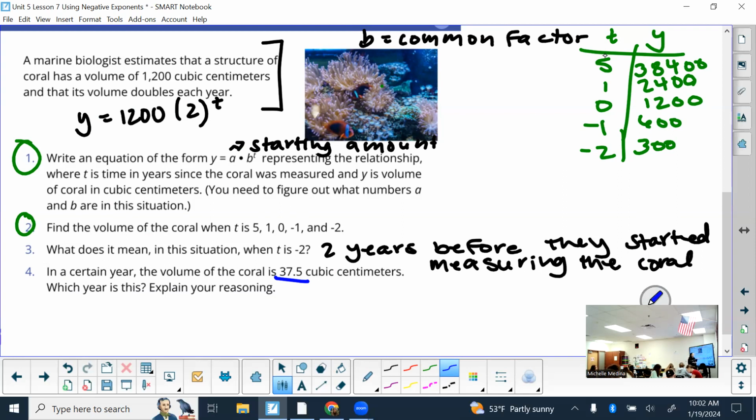You won't be able to just plug in y and solve for t, unless you have a graph. So we want to know when y is 37.5. Should I continue the pattern where t is values that are bigger than 5, or where t is values that are smaller than -2? Smaller than -2. So maybe I'll test -3, -4, -5, until I get to where it's 37.5.